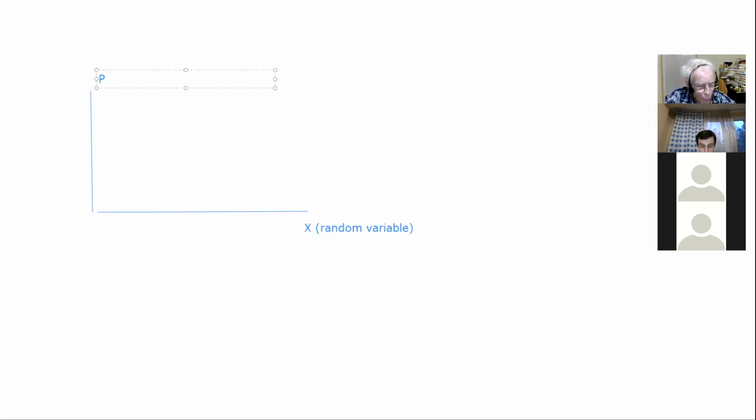And then over here on the vertical axis, we will measure the probability of showing a particular value of x in terms of relative frequency. So this is what we have.